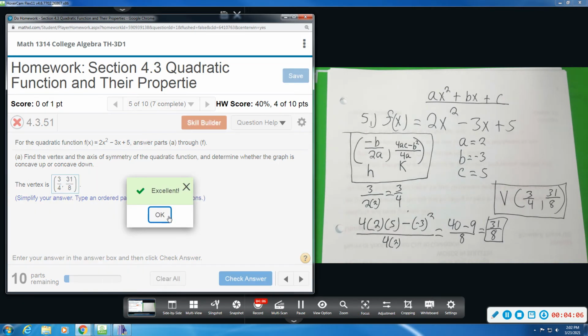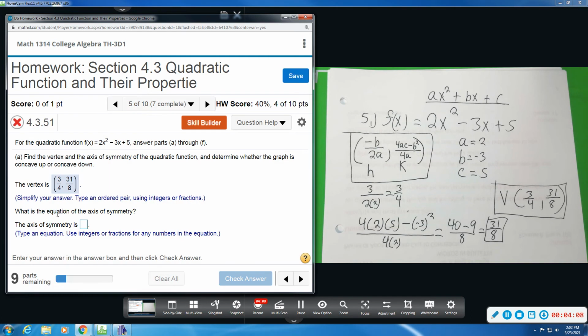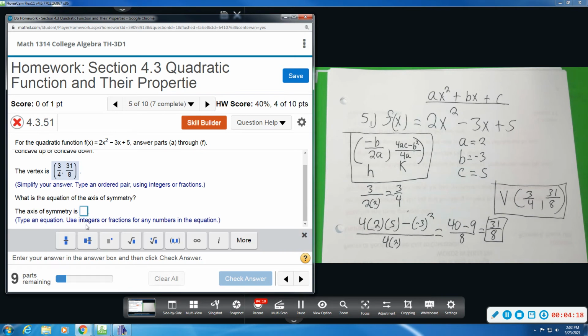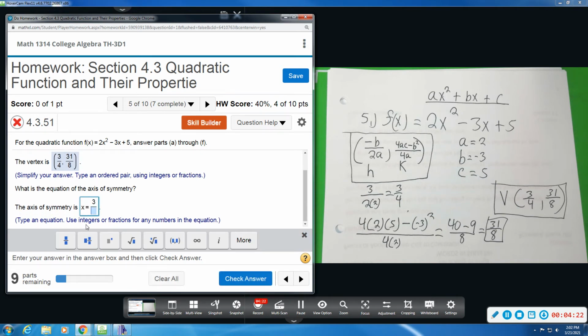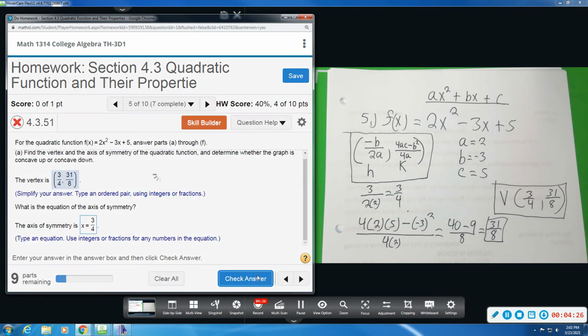All right, once you have your vertex, we want to find the equation of the axis of symmetry. And remember, just like the previous one, that is the same as the x value from your vertex. So it is just x equals 3 divided by 4. That's a give me once you have your vertex.